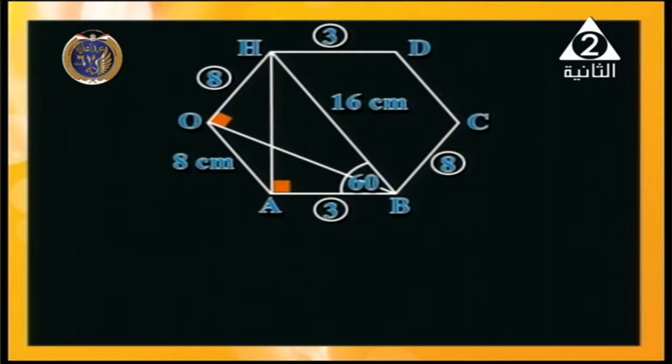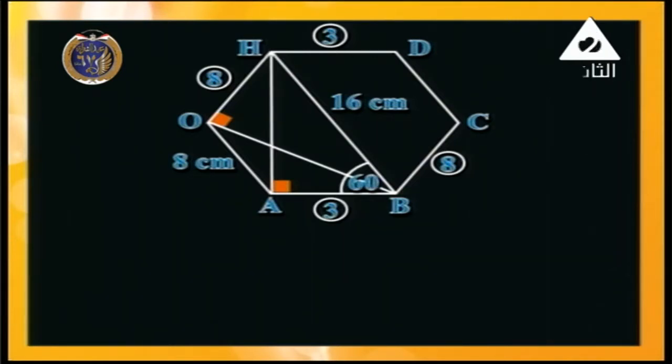HA. The length of HA equals what? HA equals HB sine 60. Good, because HA is opposite the 60 degree angle, opposite over hypotenuse equals sine 60. So HA equals HB sine 60.